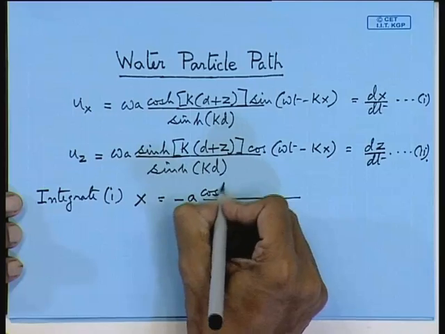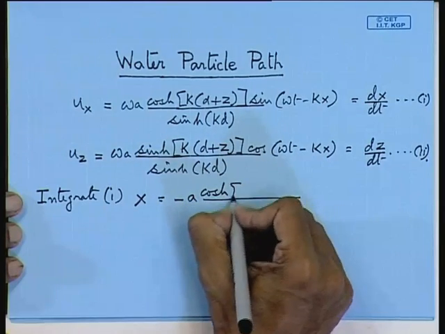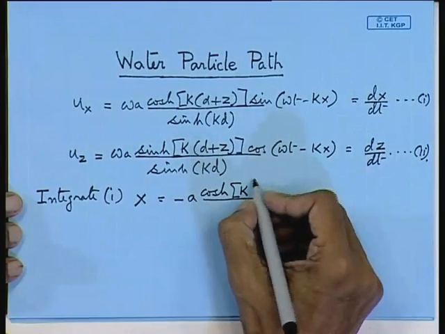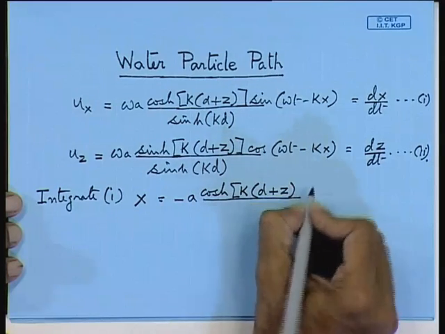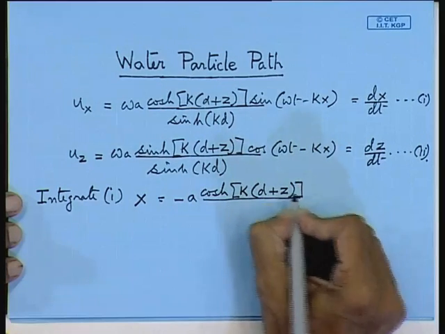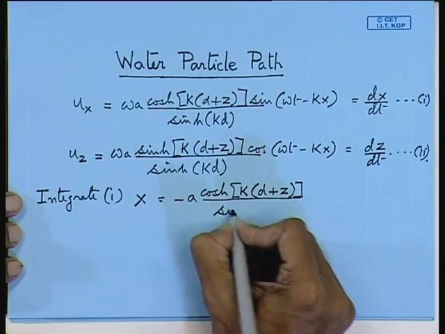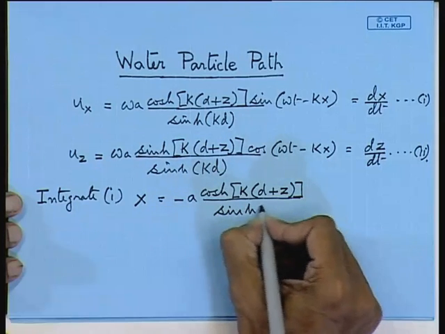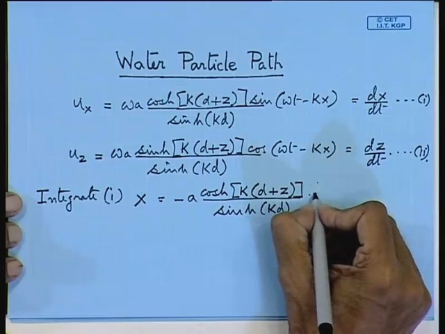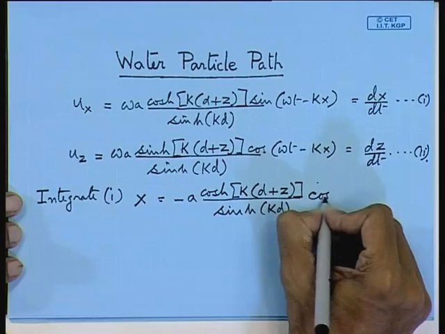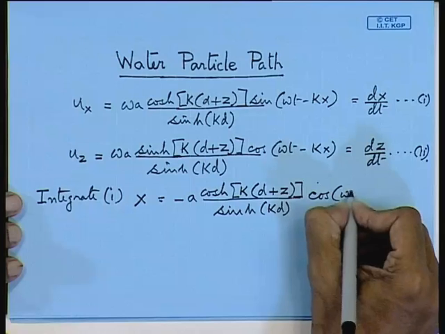You do not have to bother about the hyperbolic terms, but the hyperbolic terms will come when we study deep water and shallow water. So, this is sinh kd. So, this will be how much? Cos of (omega t minus kx).